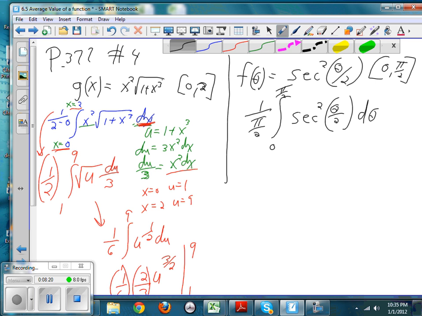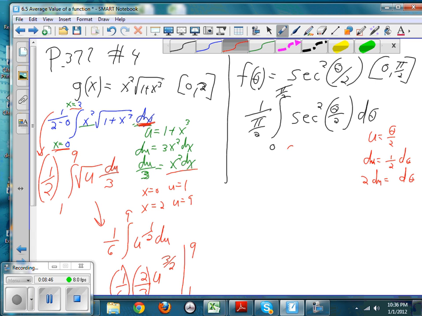We could use substitution again, unless you can see it. You don't see this theta over 2 is a little bit of a problem. I'm going to make u equal to theta over 2, then du is just equal to what? Du is equal to 1/2 d theta, or 2 du is equal to d theta.